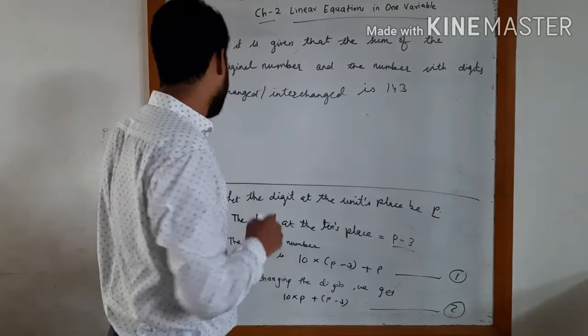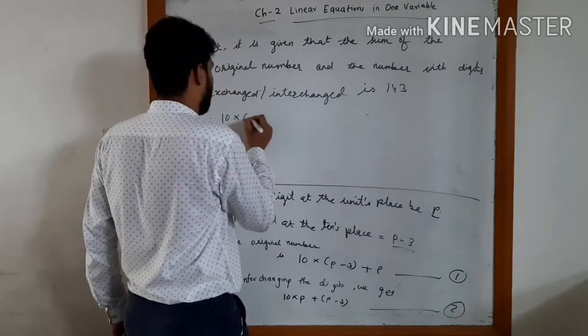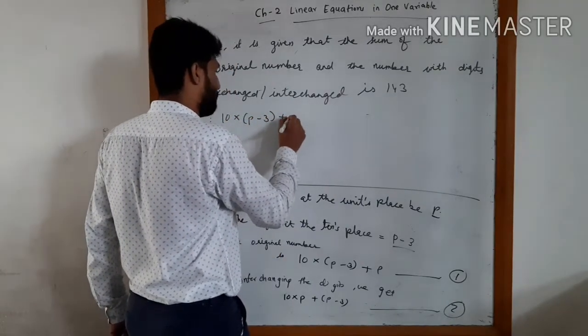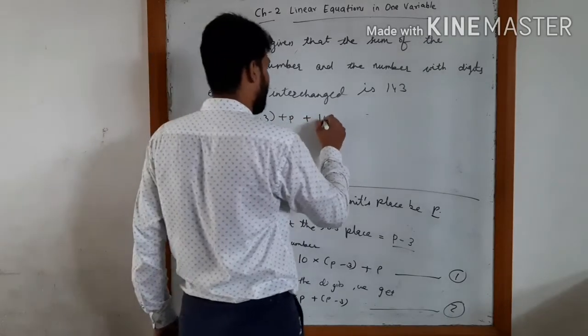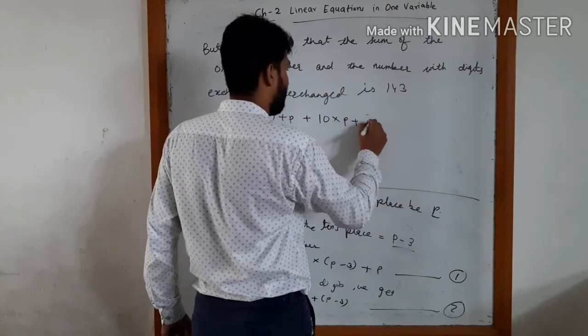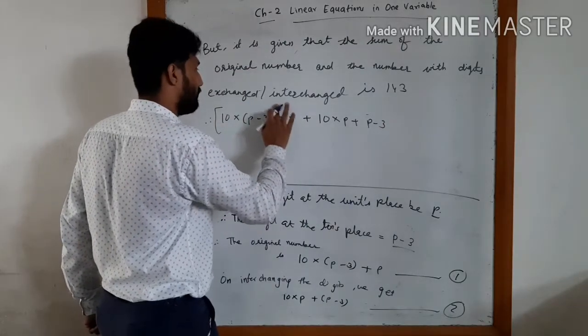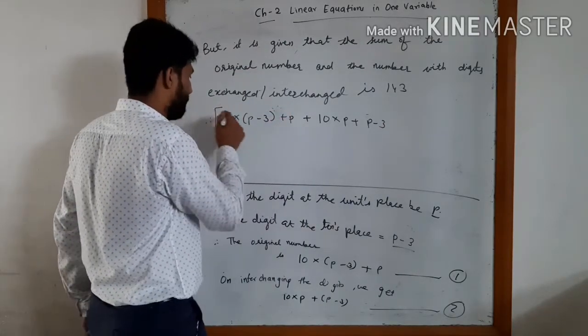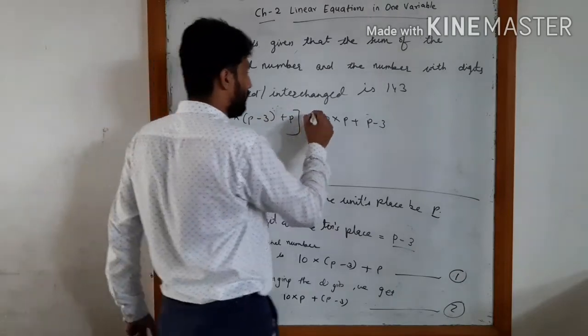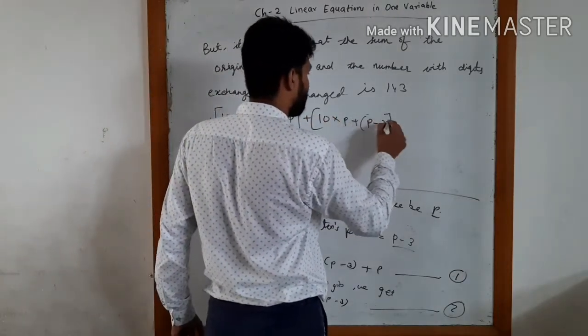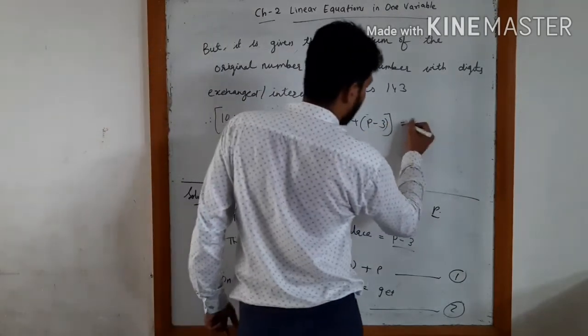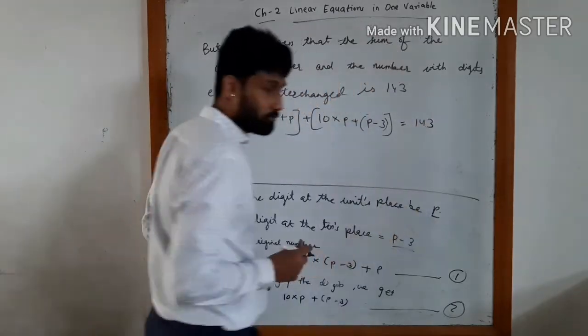Therefore we have 10 into (P minus 3) plus P, plus 10 into P plus (P minus 3). I am putting brackets so that you know that we are adding two different numbers, which is equal to 143.